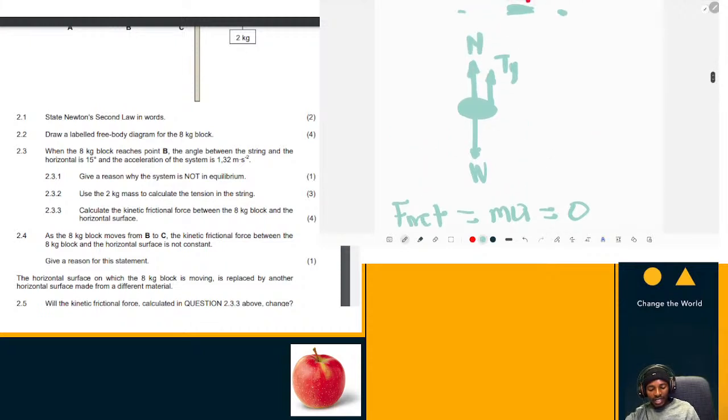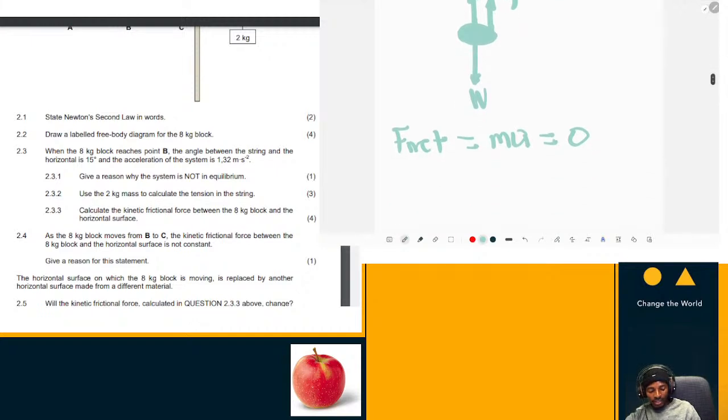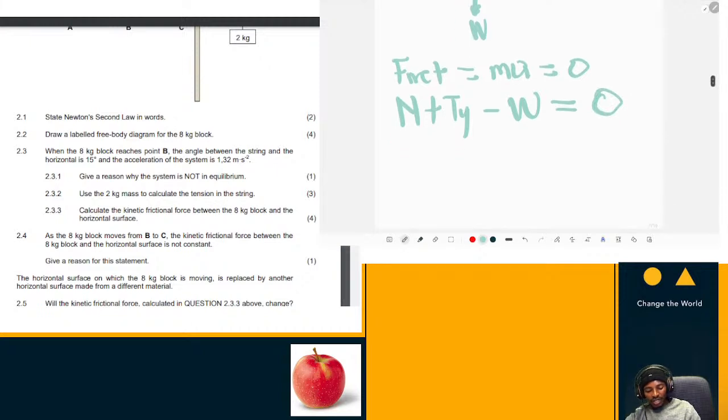Then what are the forces that are acting in this direction? Normal force and T of Y are acting in the positive direction. But those two forces are opposed by the weight, and when we combine them, we get 0 because there is no acceleration.